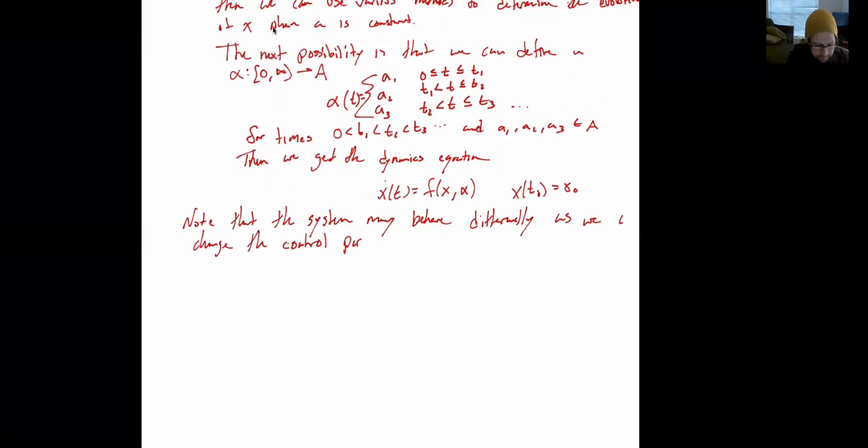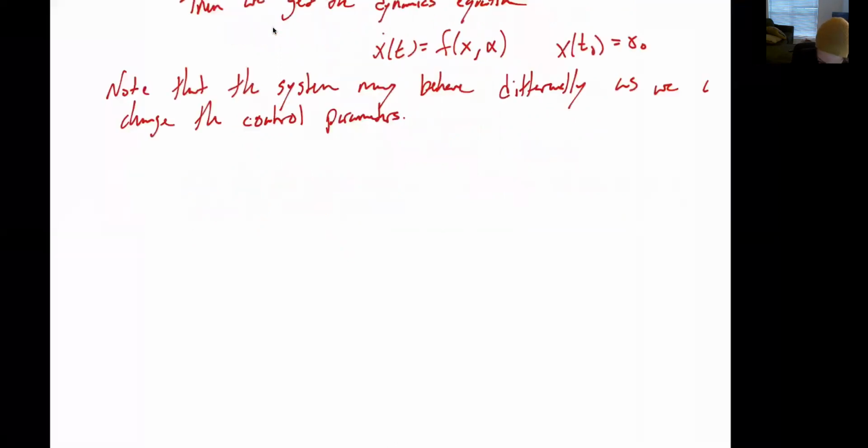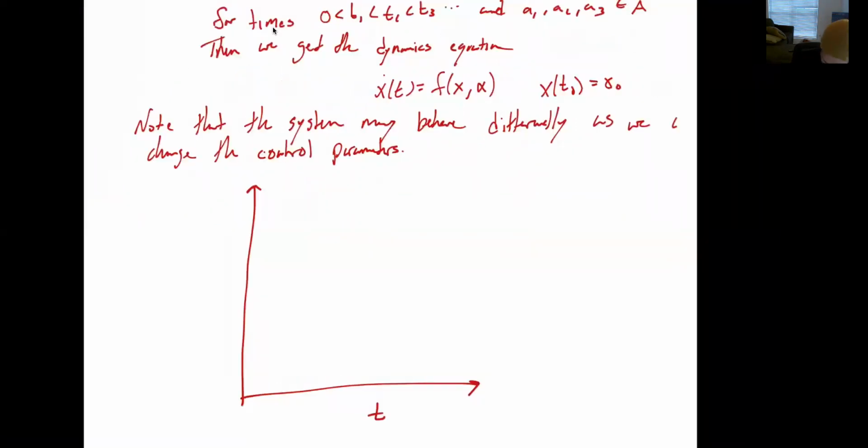So for instance, if we plot time on this axis and x on this axis, and then we have t naught, then we have t1, t2, and t3, and we started with initial condition x naught.